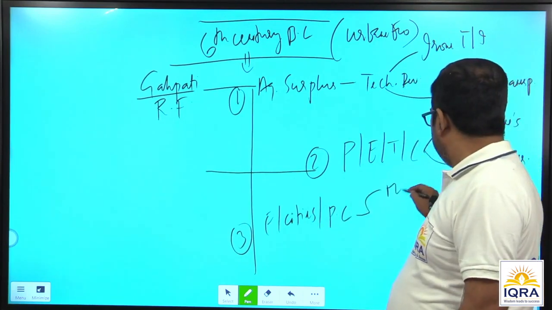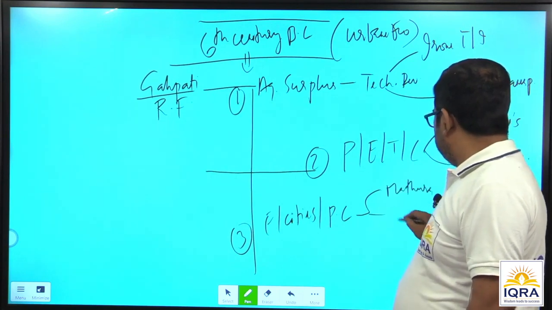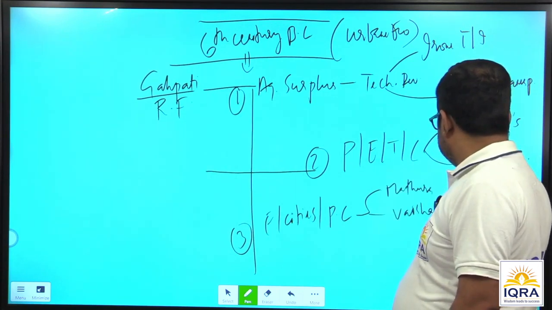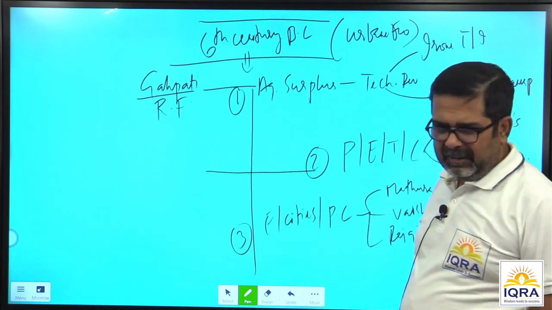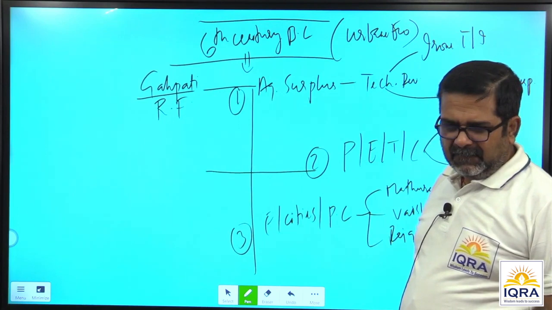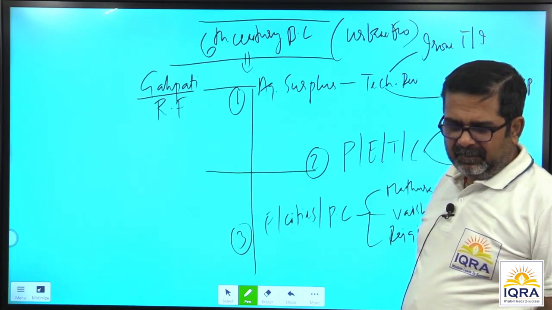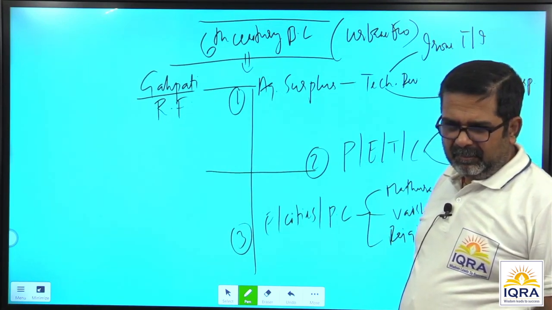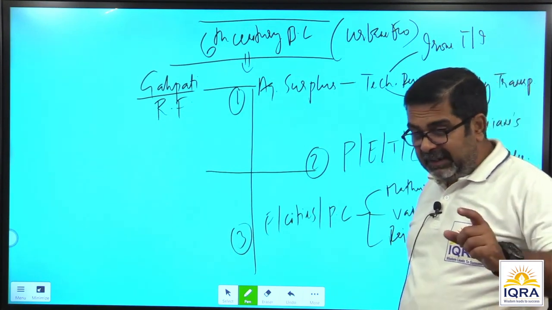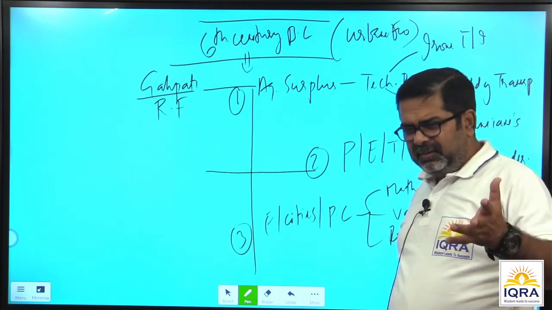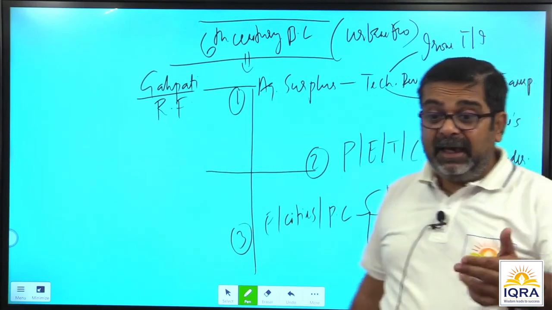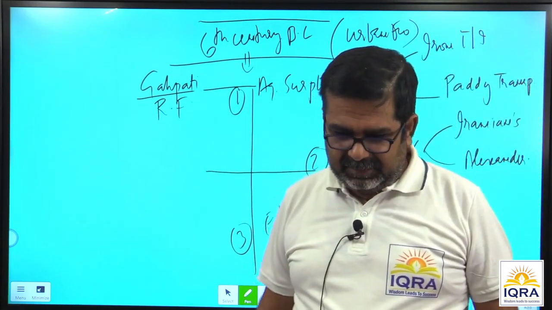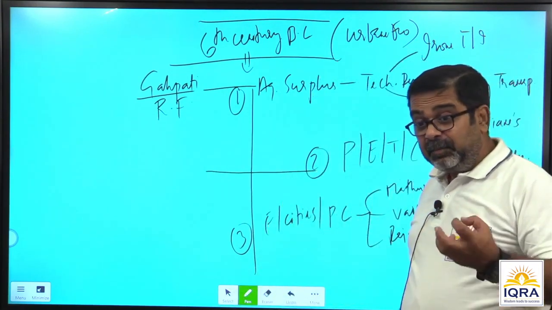Mathura, Vaishali, Rajgir. Do you find any city in Rigvedic period? No. Later Vedic period, there are cities, but as capitals, headquarters. Here, cities as production centers.